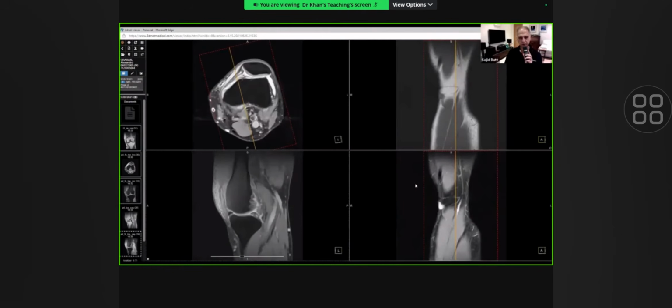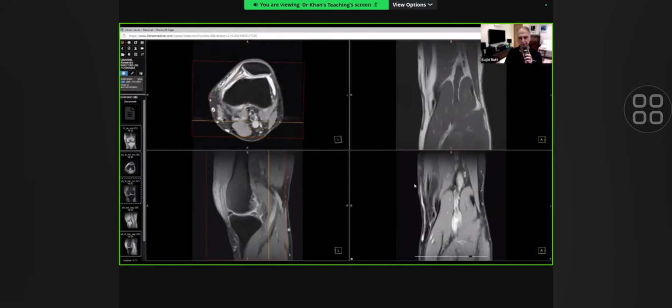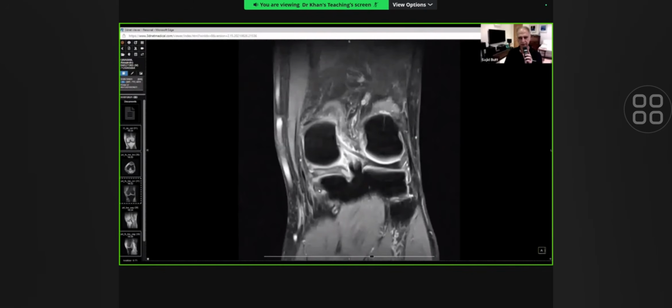So we go to the coronal imaging now, and notice that's a lateral side, that's a medial side. The bright signal intensity is continuous in the attachment site of the posterior root.